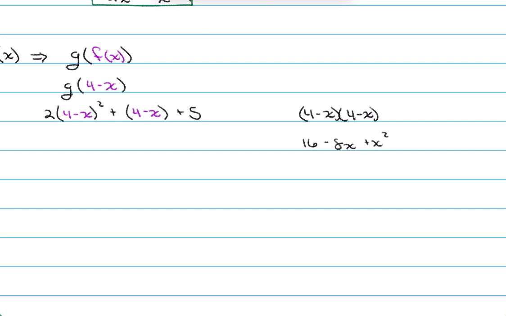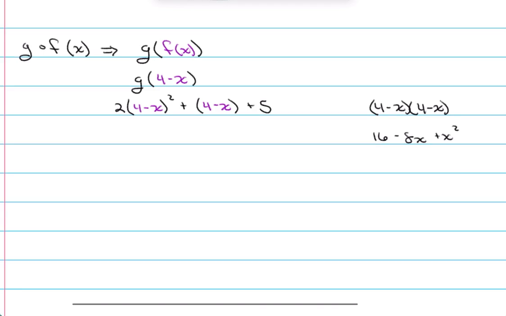So this is really saying 2 times 16 minus 8x plus x squared, and then I would have plus 4 minus x. I don't need to distribute anything, so I can just drop my parentheses, plus 5.